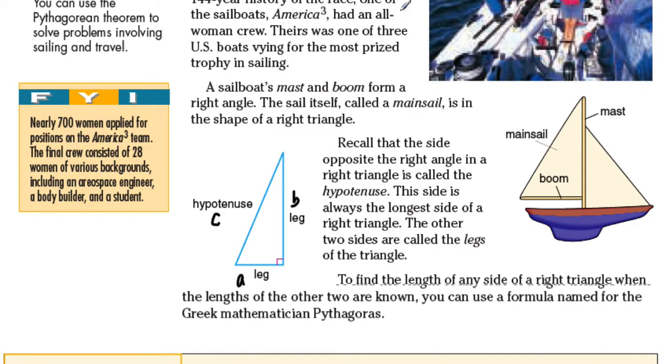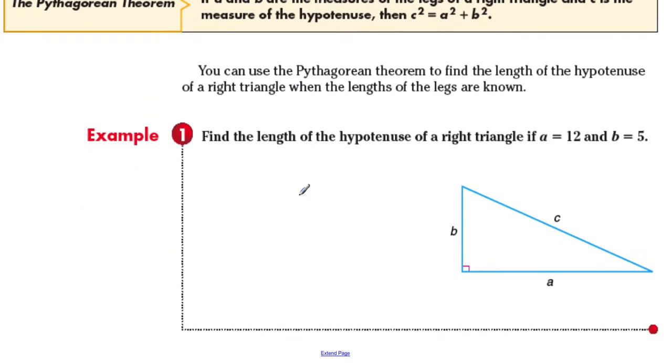So I would make this my b. Let me erase that so you won't get confused. We'll make it the same: my shorter leg would be b, and my longer leg would be a. It's actually the same thing. You can designate it as a and b, but traditionally the shorter leg is b and the longer leg is a. The longest side would be c.